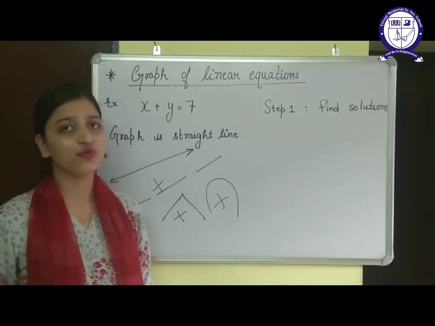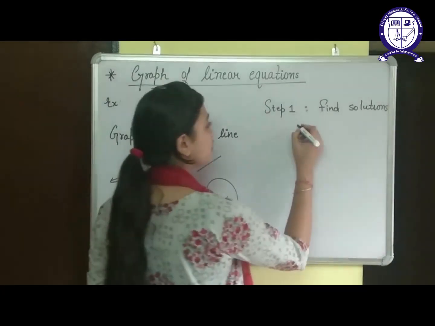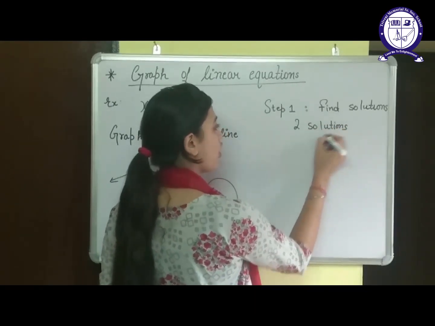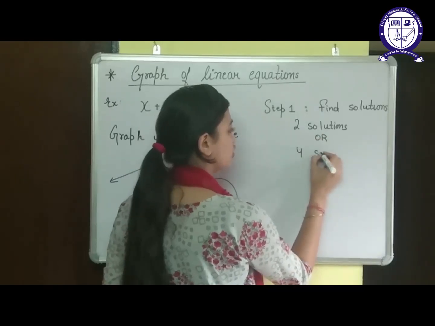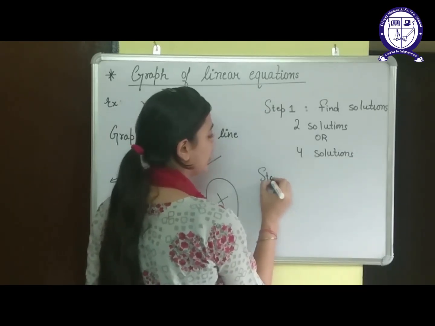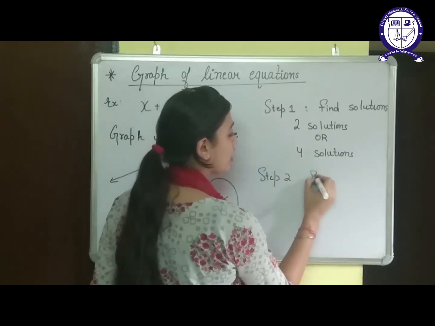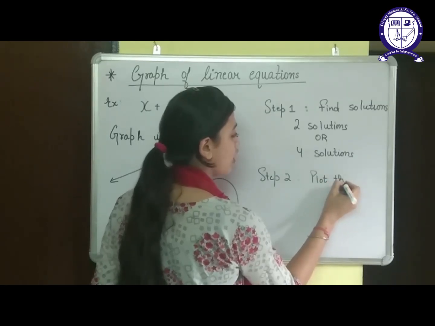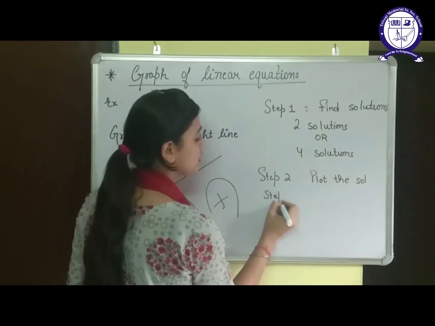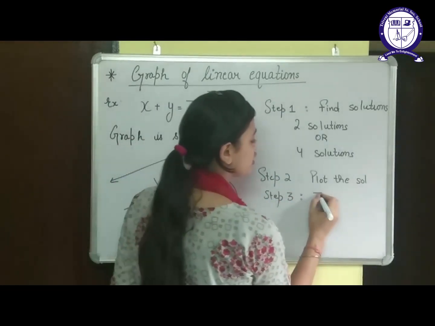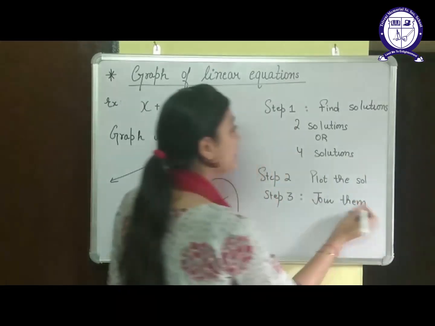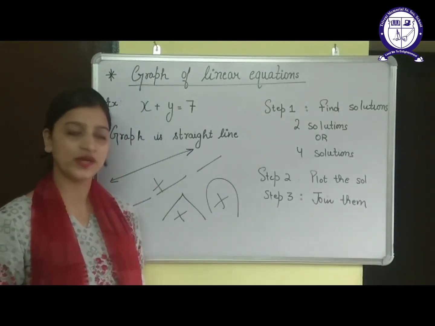Maximum 4 solutions you can find, and you can find 2 solutions also. Step 2 is plot the points or plot the solutions, and step 3 is join them. Okay, this is the step of doing the question.